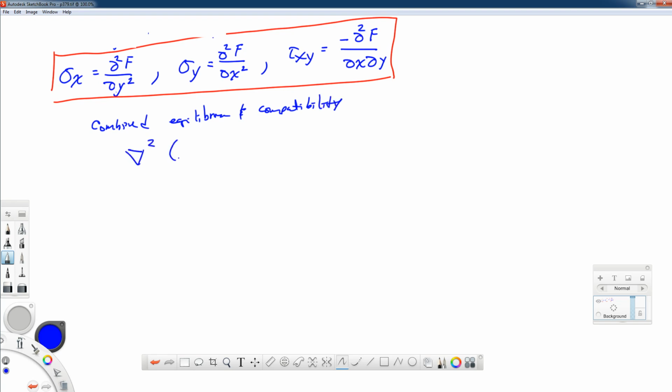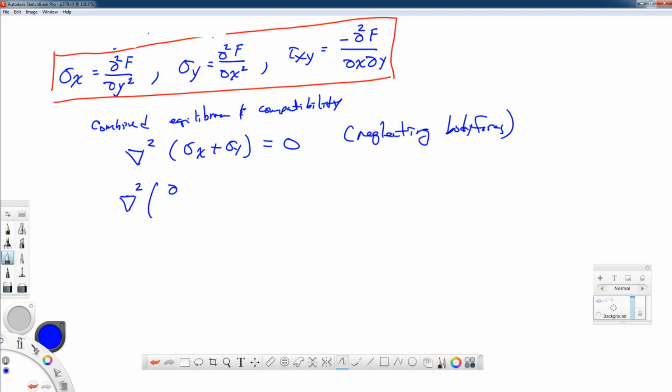Remember we said del squared of sigma x plus sigma y is equal to 0, neglecting any body forces. Well, let's take a look at what this is in terms of Airy's stress function.